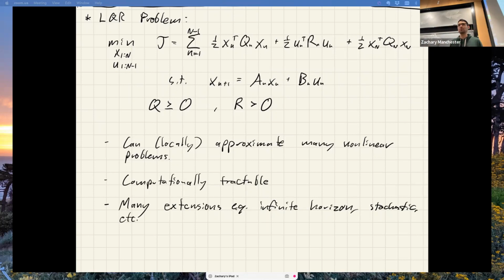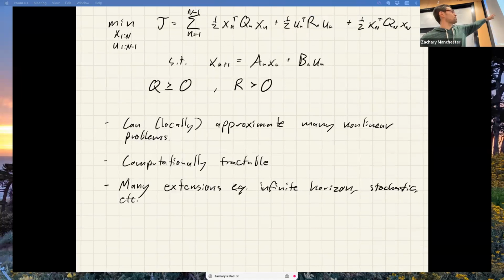It shows up all over the place. Does that make sense? Cool. With minor variations depending on the details, right? Newton versus Gauss-Newton, blah, blah, blah. There are some subtle variations, but you end up solving basically LQR problems all the time, even when you're doing nonlinear stuff.